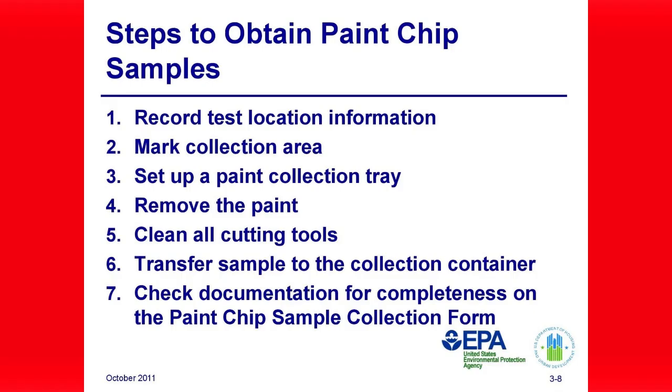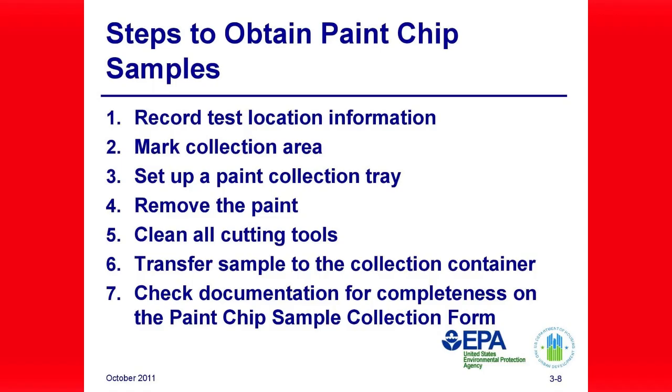Steps to obtain paint chip samples. Step 1. Write required information and observations about the test location on the paint chip sample collection form and paint chip sample container. Step 2. Mark the collection area using a template or freehand. Step 3. Set up a paint chip collection tray.